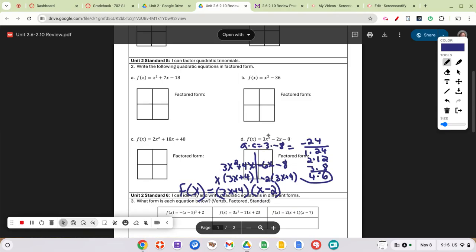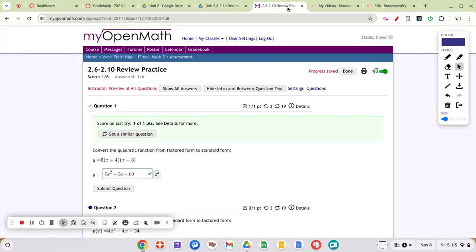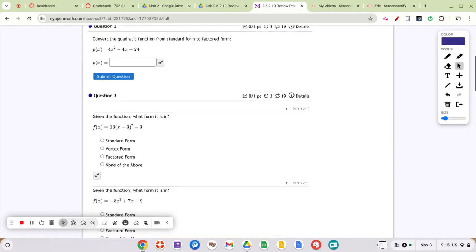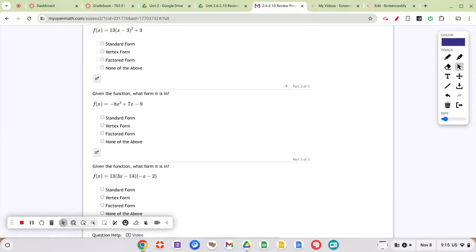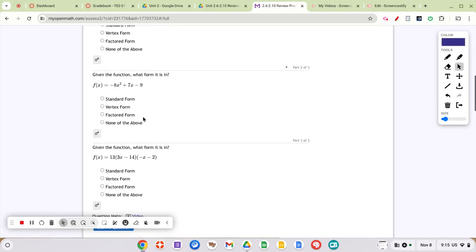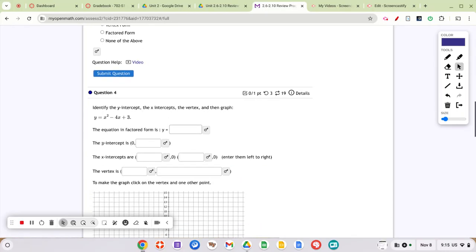So let's do another example of this kind up here on my open math. Let me see if I can find one that's like that. Let's see, that one's just asking what form it's in.